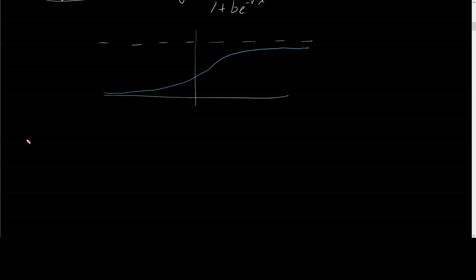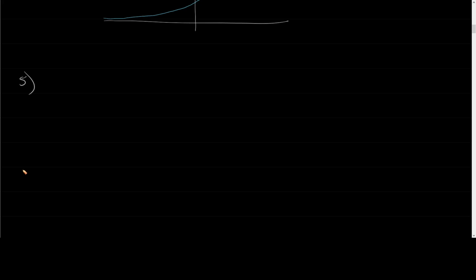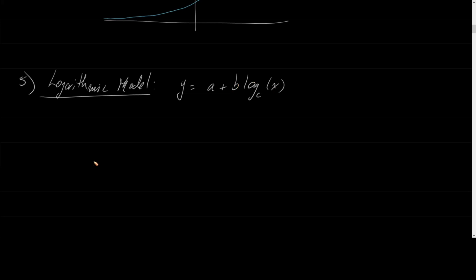Let's look at number 5. The fifth model here that we'll discuss a little bit is, well, the actual logarithmic models. And the logarithmic model would follow functions like this. Y is equal to a plus b log base c of x. If we do this with ln, it would be a plus b ln of x.